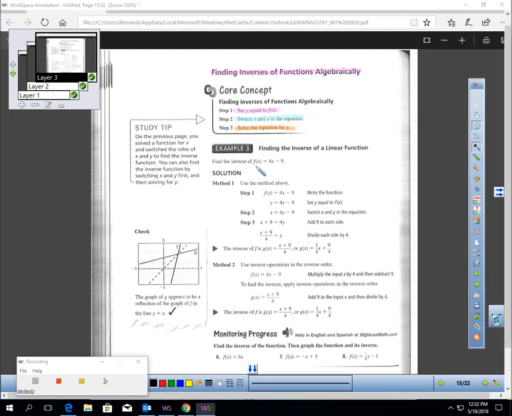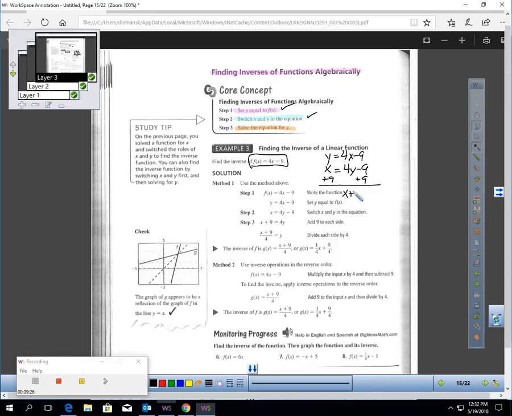So find the inverse. I want to find the inverse function of this equation. So I'm going to write down, first of all, y equals 4x minus 9. Okay, there's step 1. Step 2, switch the x and y around. Put x here and put y here. There's step 2. Now solve for y. So I'm going to add 9 first.